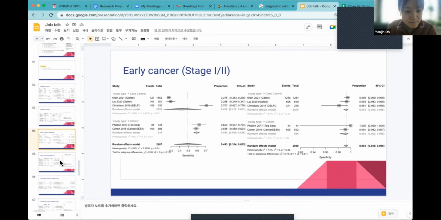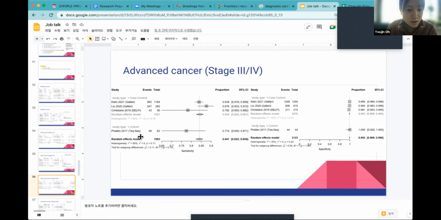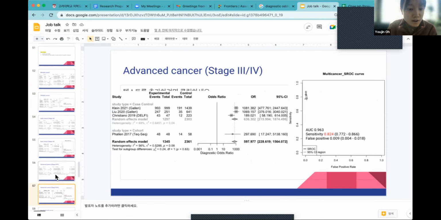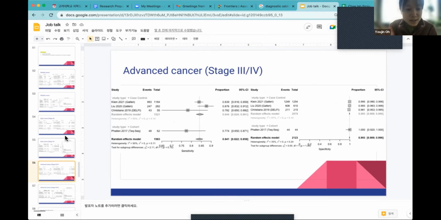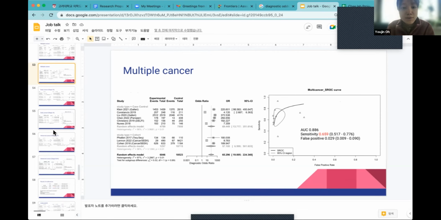But for early stage it's almost 0. So it differs depending on each type, but yes, I will add the heterogeneity analysis part apart from this.